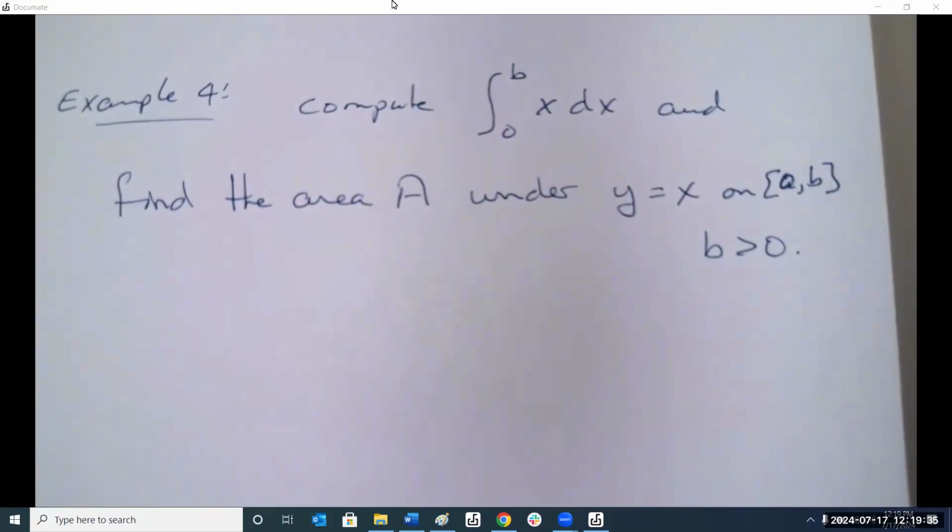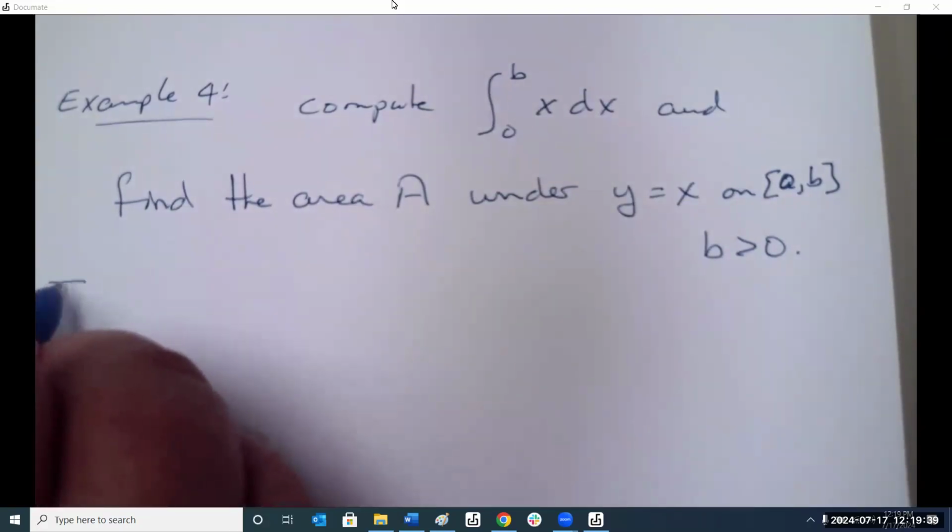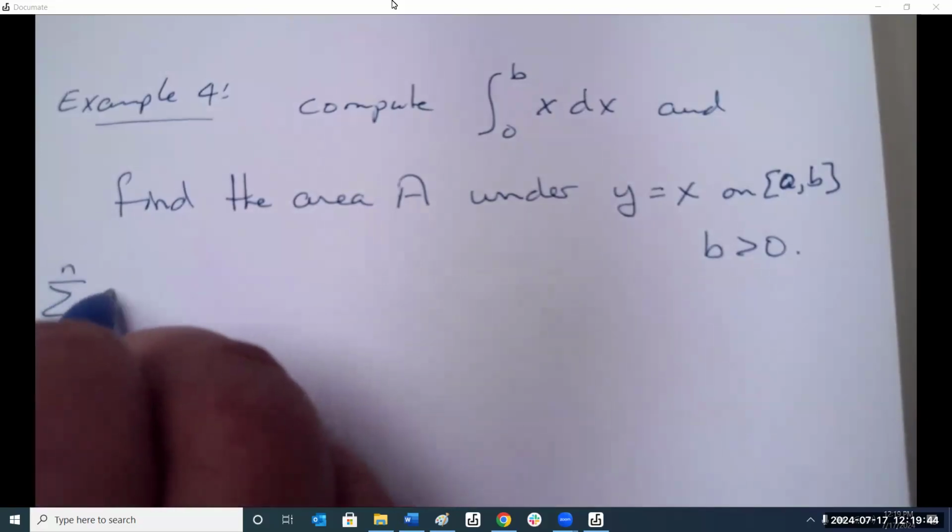Since we haven't discussed the integrals just yet, we're stuck using this formula.